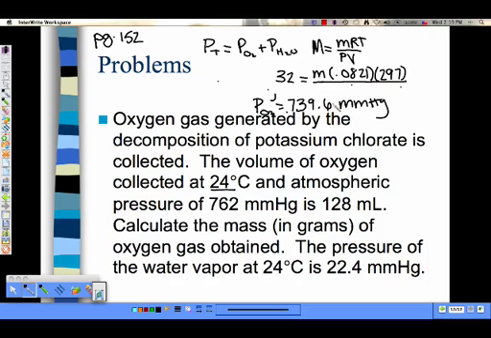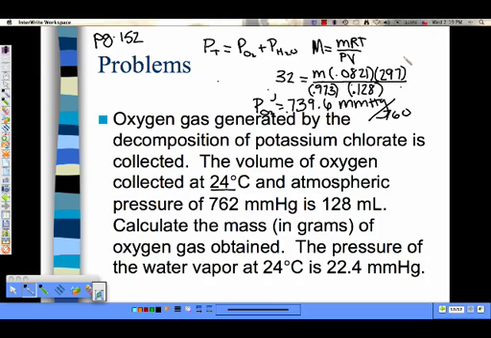The pressure that we're going to use, we have to change into ATM, so we're going to divide by 760. So 739.6 divided by 760, because 1 ATM is equal to 760 millimeters mercury. I have 0.973 ATM. Our volume, 128 milliliters, has to be in liters, so 0.128.